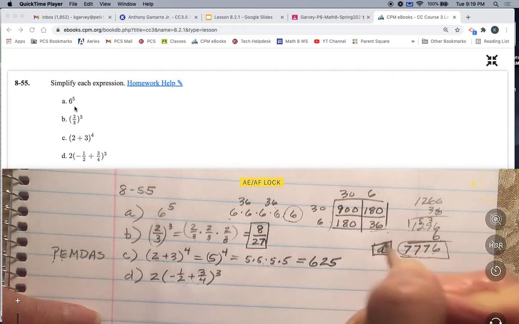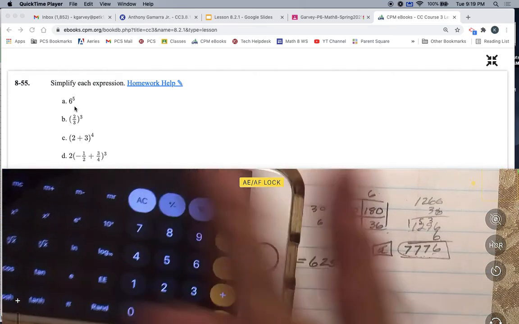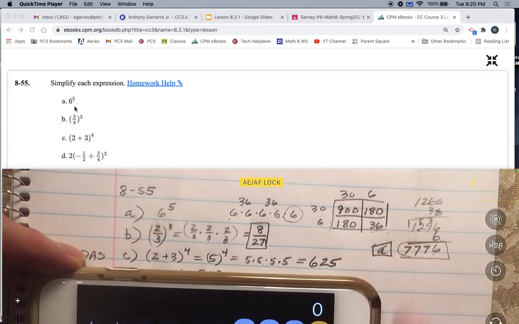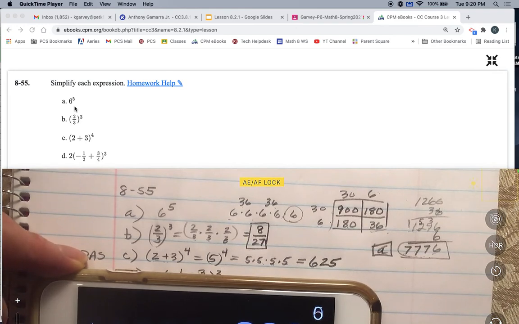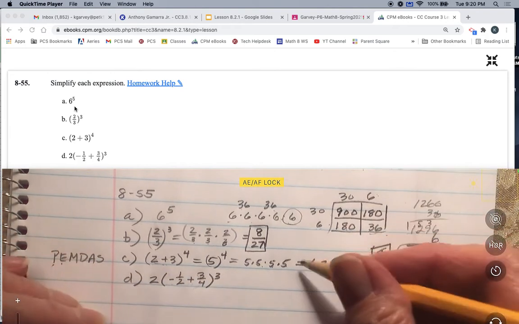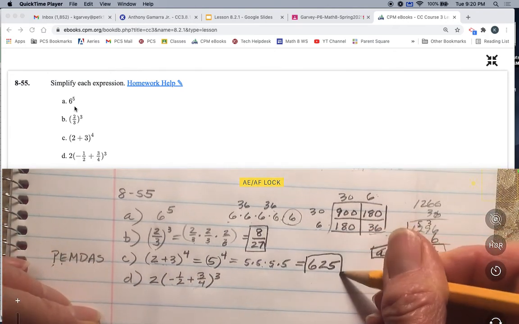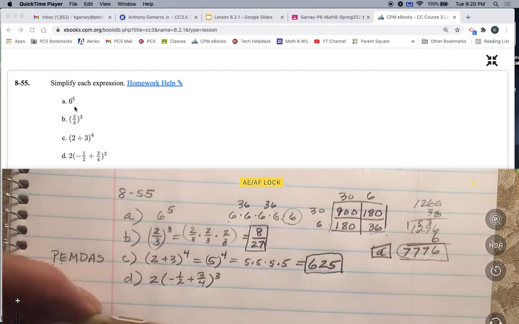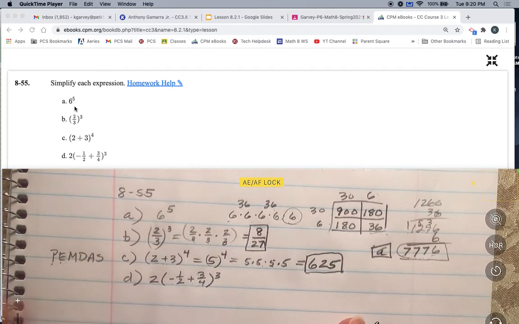Okay, and we can check that again with our calculator. We've got 5 as the base, and then we'll use that function and put in 4 as the exponent, and that is 625. So that confirms the answer we got by calculating ourselves.